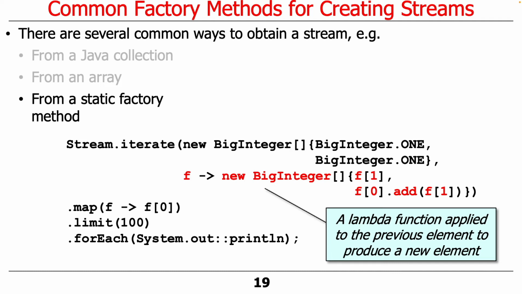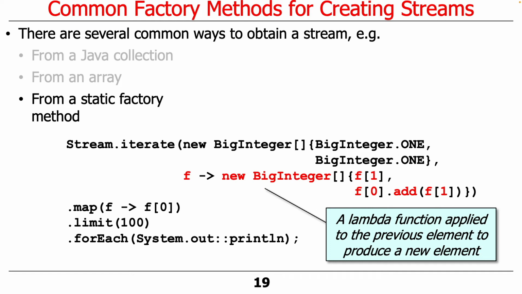It says, take the first element in f and use that as the first value of this new two-element array, and then take the 0th element and add it to the first element to create a new element. And if you think about it, that's the recursive definition of the Fibonacci sequence. So f of 1 will be the first element in this new array. F of 0 plus f of 1 will be the second element in this two-element array.